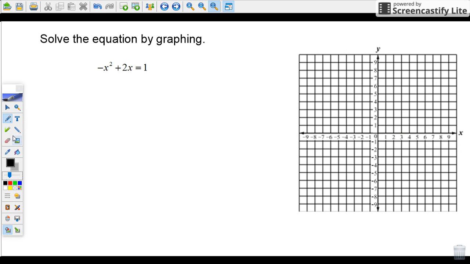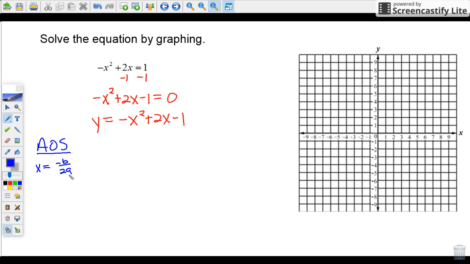Let's do another one. Again, start by writing the related function. We have to get 0 on one side first. So negative x squared plus 2x minus 1 equals 0. I take that 0 and I replace it with a y. Here's the function that I'm going to graph. So let's do our axis of symmetry first.